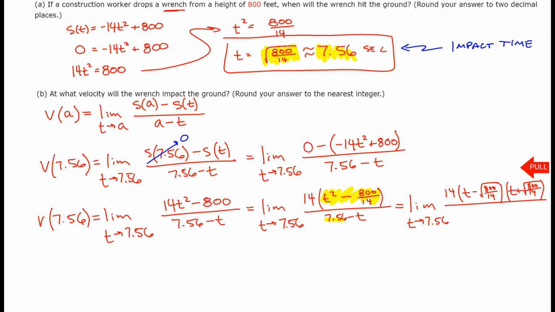So I'm kind of going back and forth between decimals and exact values here. Hopefully you're able to keep up. But 7.56 is the square root of 800 over 14, minus t. Oh, darn it. I was hoping that would cancel with something in the numerator, and it doesn't, unless I do another trick.